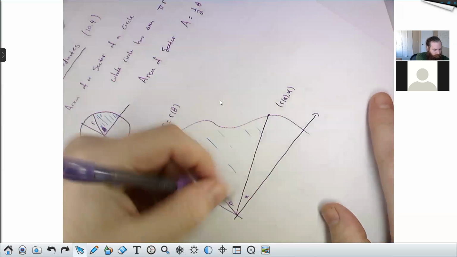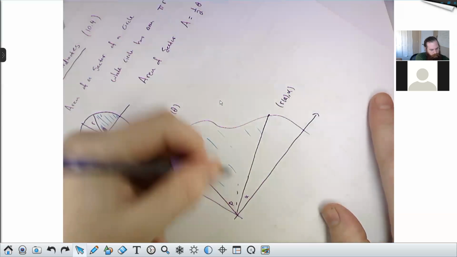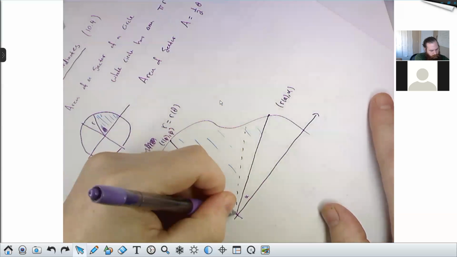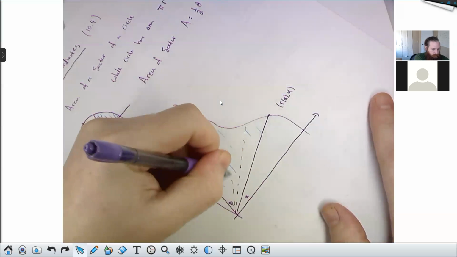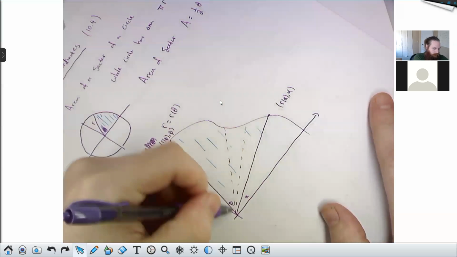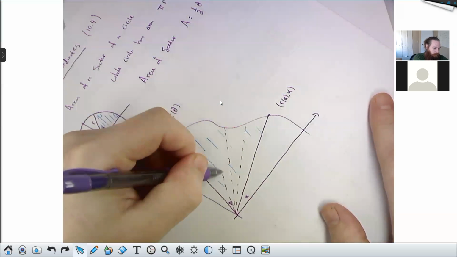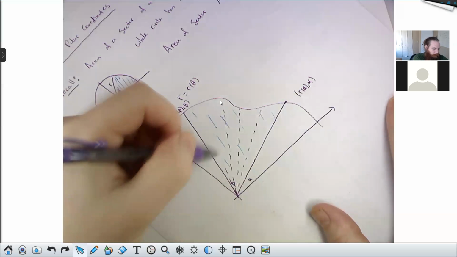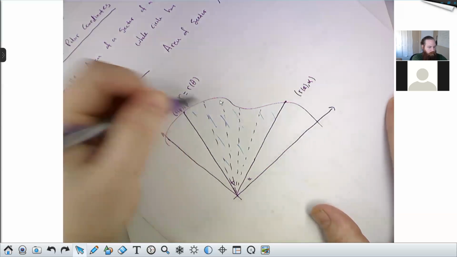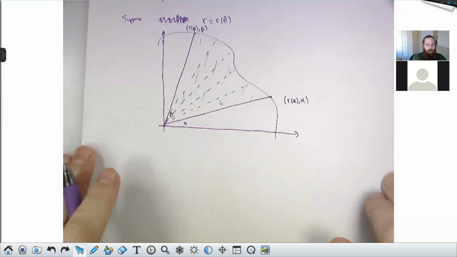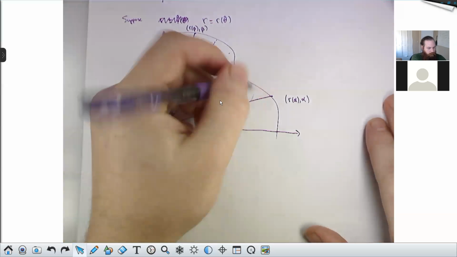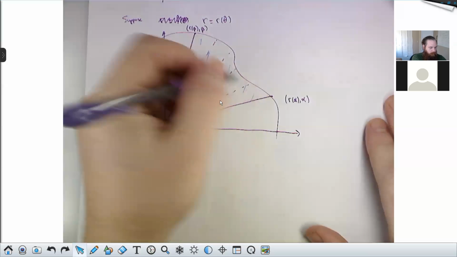You partition, and then in each one of these little partitions, you approximate the area using the area formula for the sector of a circle. You pretend like this is a circle of radius r.